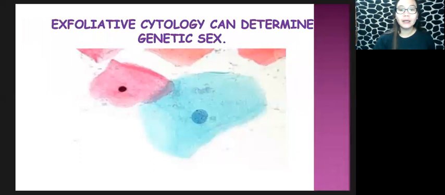Here, the small one there, that's your Barr body. Again, this is exhibited by females. So if you want to know if you are really a female, then your cells should exhibit your Barr body.